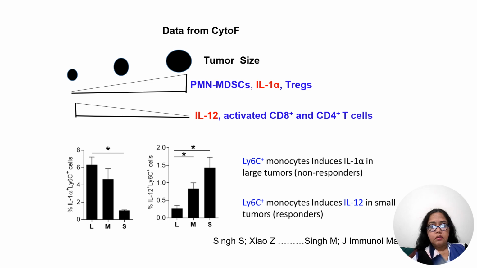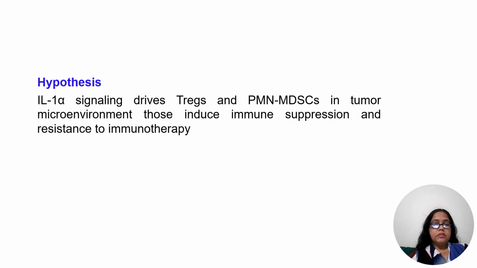So responded tumor had more interleukin 12 and non-responded tumor had more interleukin 1 alpha, and both produced by Ly6C monocytes. So we hypothesized that interleukin 1 alpha signaling drive Tregs and PMN-MDSC in tumor microenvironment. Those induce immune suppression and resistance to immunotherapy.